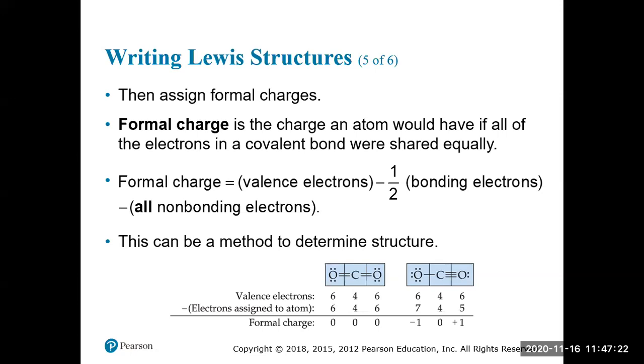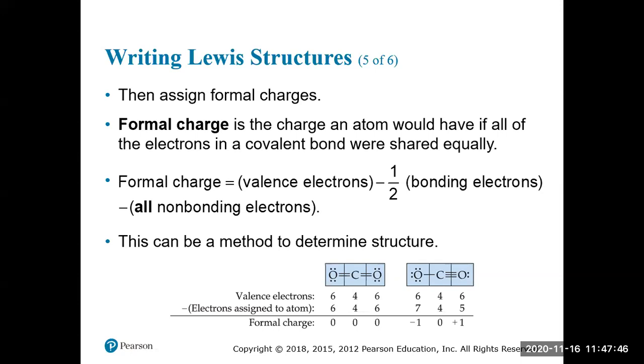Well, in order to figure this out, there's something called formal charge that can be calculated. The formal charge is the charge an atom would have if all the electrons in a covalent bond were shared equally. The way you calculate that is you have the number of valence electrons.